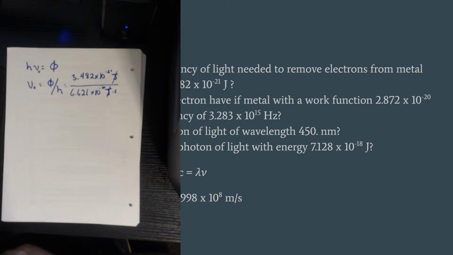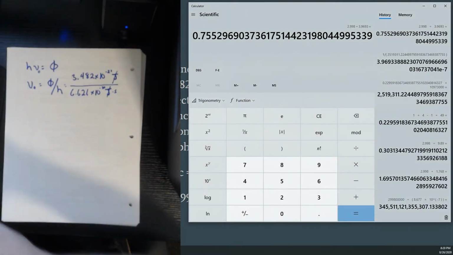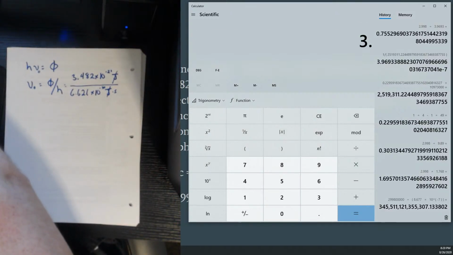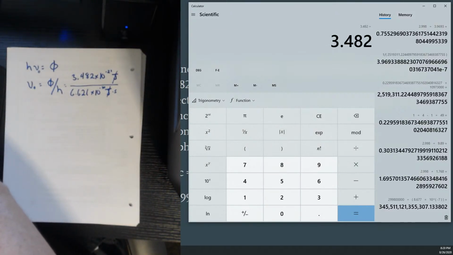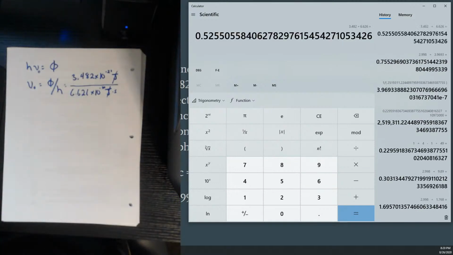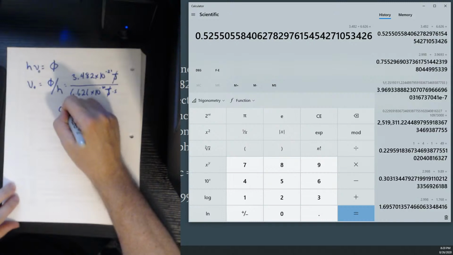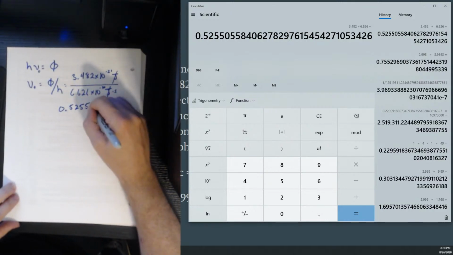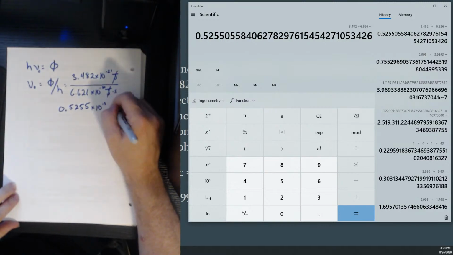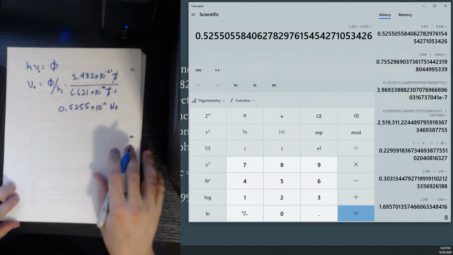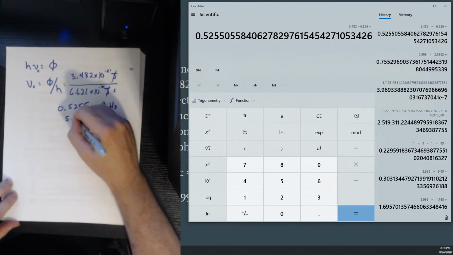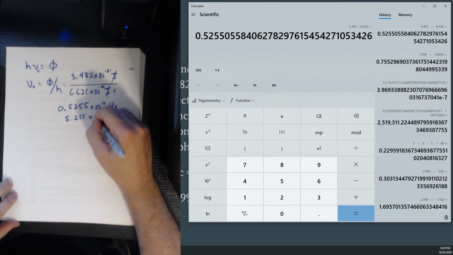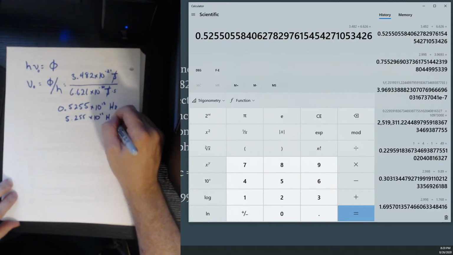So we go ahead, we plug this into our handy dandy, not very good calculator. 3.482 divided by 6.626 gives us 0.5255 times 10 to the 13th hertz, or 5.255 times 10 to the 12th hertz.